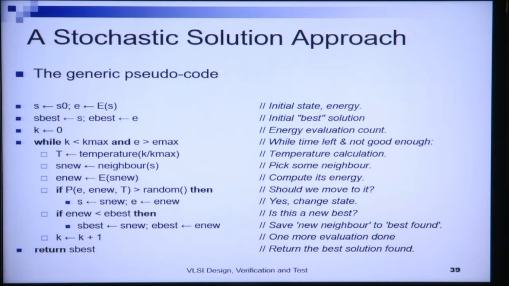That merging is given by S, and that merging has an associated cost which is given by E. So I store the state and its corresponding area cost in S and E respectively, and this is the initial state and energy. The energy for us is the area cost.